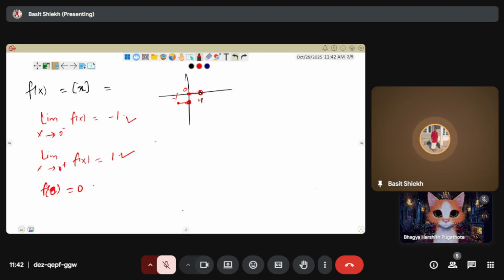Is this removable or non-removable? This is non-removable. Finite type of discontinuity at x equal to 0, and which is non-removable.